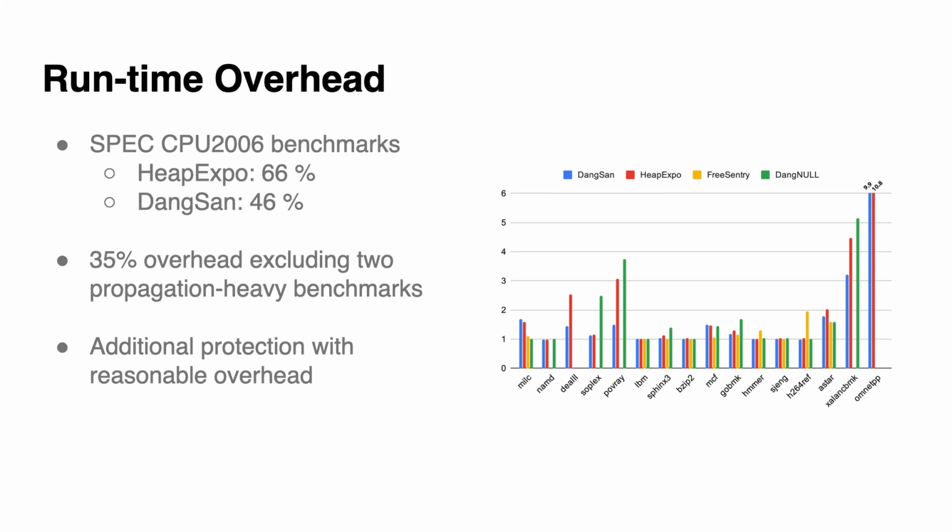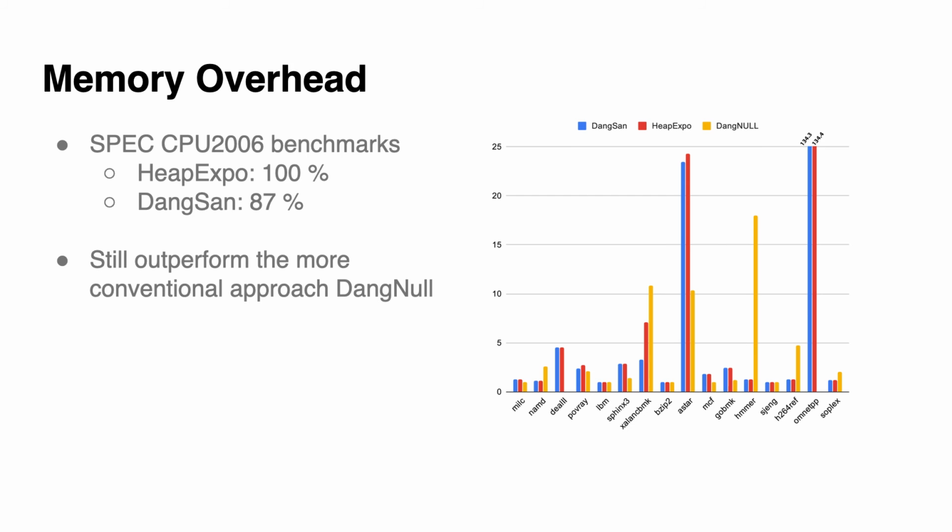We think the additional protection came with reasonable overhead. Also, in SPEC CPU2006 benchmarks, HeapExpo only incurs 13% more memory overhead than Dense, and it still outperforms the more conventional approach like DangNull.